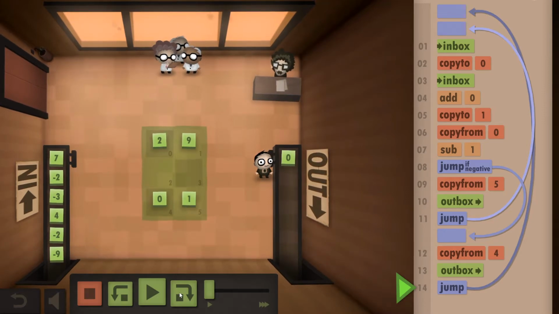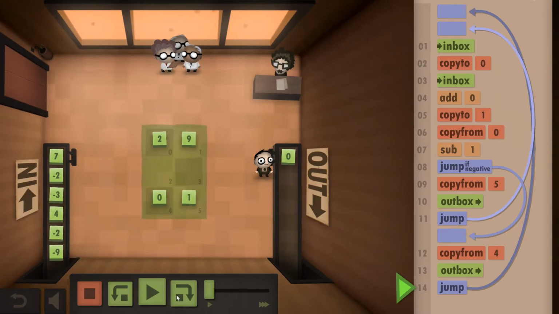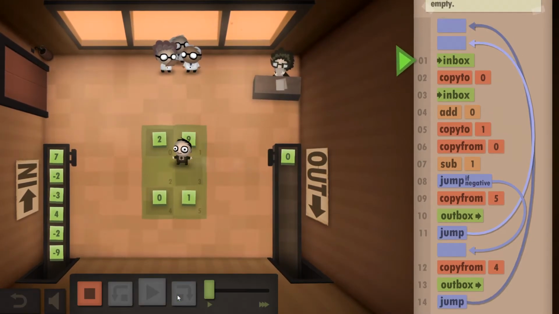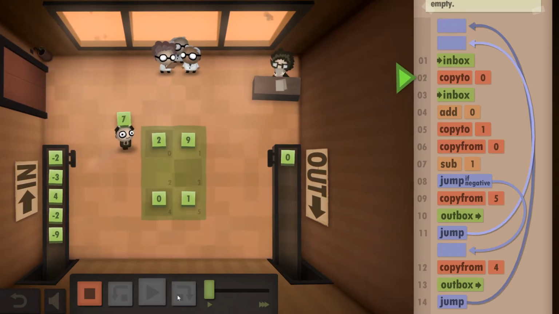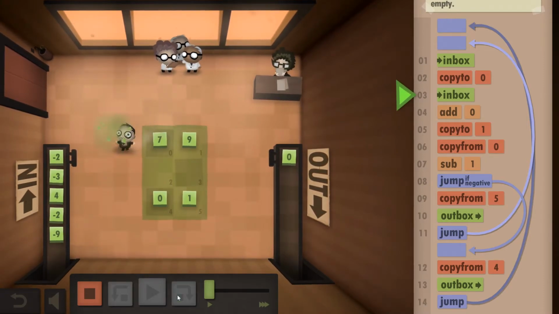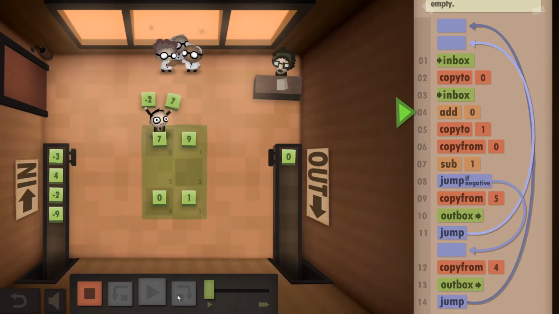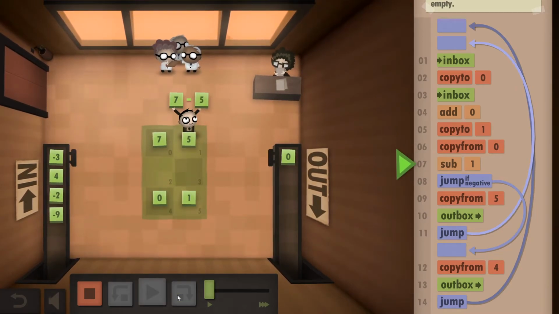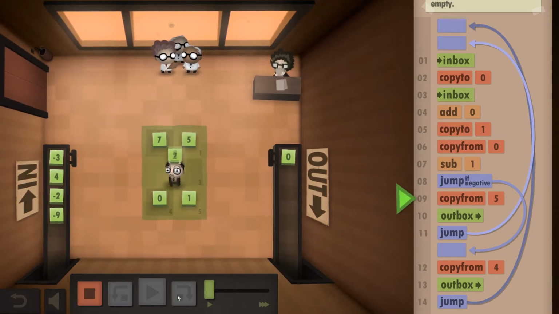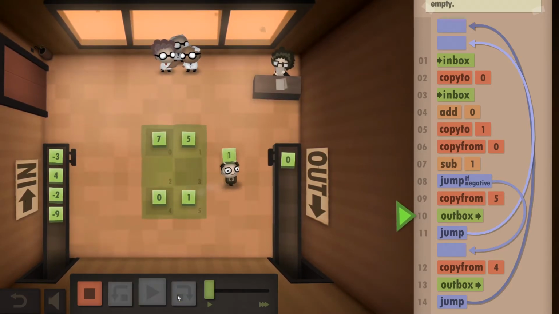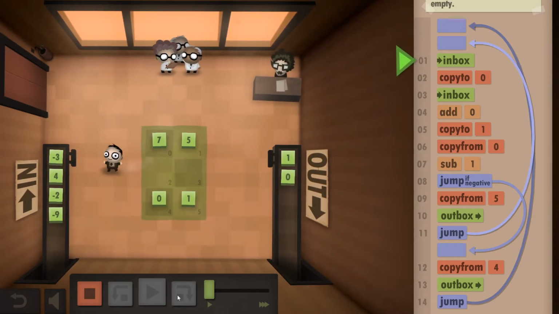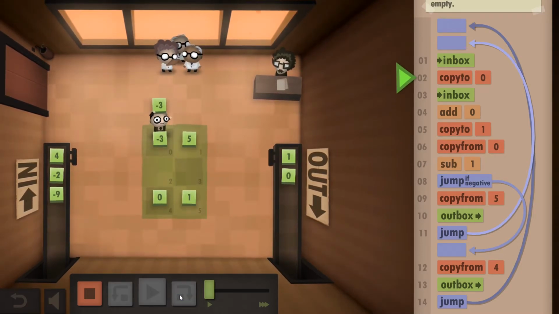So maybe what we can do is do some additional stuff down in here if we get a positive number out of the result. Let's see. We get a 5 there. We do the subtraction, we get a negative number. All good there. And this should work largely the same way.